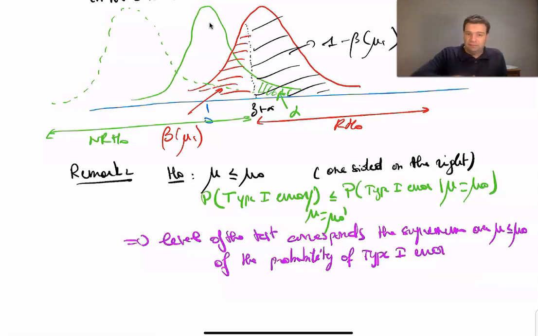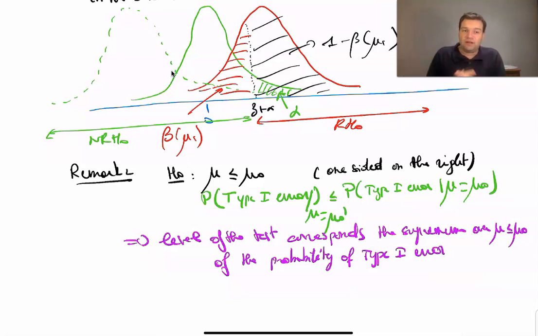On the other side, we could have the same thing with a one-sided test on the left. In this case, we would have a dotted curve on the right, and the red curve would be on the left. We would have the solid green curve there that does not move.